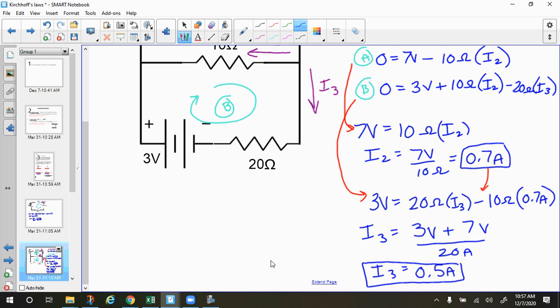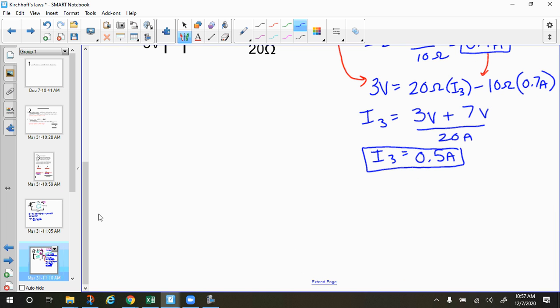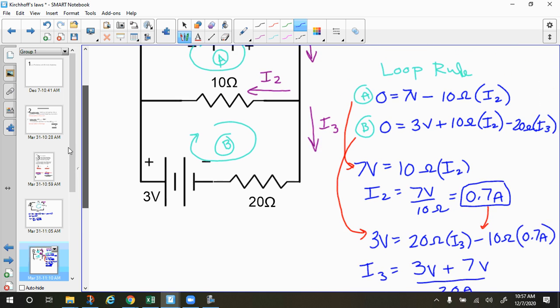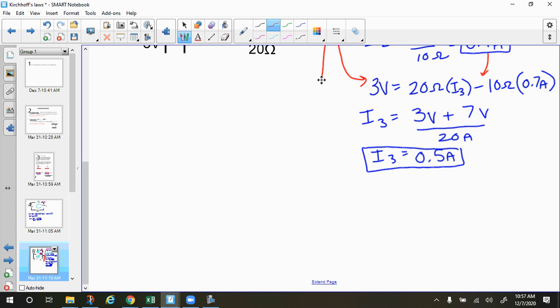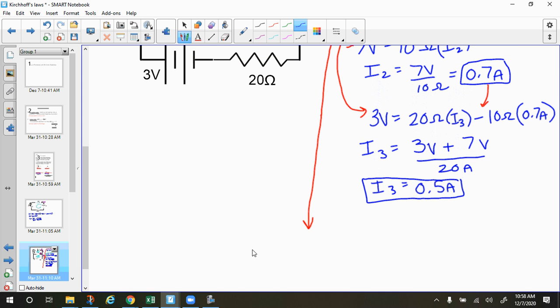And then from there, we can use the equation from our junction rule. And that equation is I1 equals I2 plus I3.